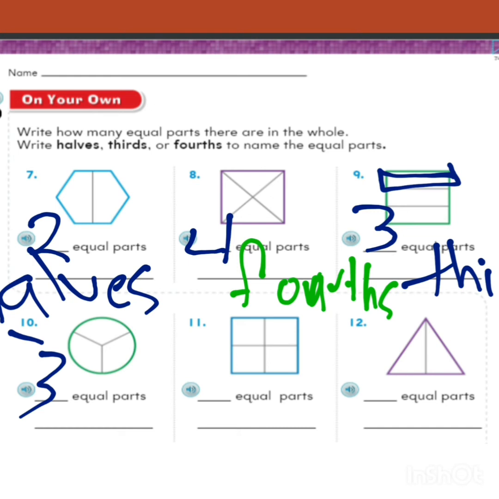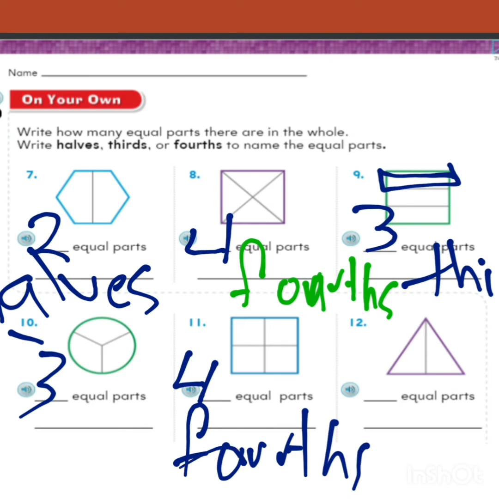Number 11, can you do it by yourself? How many equal parts? Yes, it's 4. So that's what? Fourths. Number 12, it's 2 equal parts, so that's halves. Each part is a half.